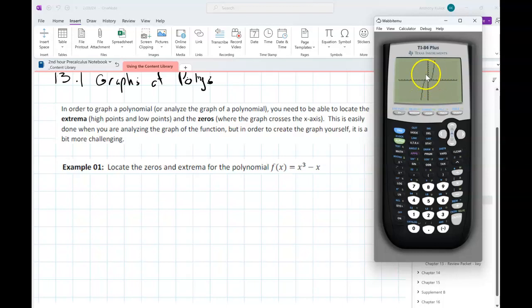So I'm going to reset my window so I get a better look of this region, so I can really kind of see what's going on. So I'm going to change my x to go from like -2 to +2, and probably the same thing for my y's, just so I can get a nice picture of what I'm looking at.